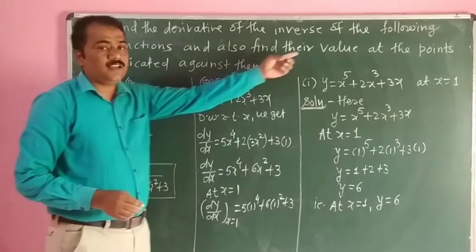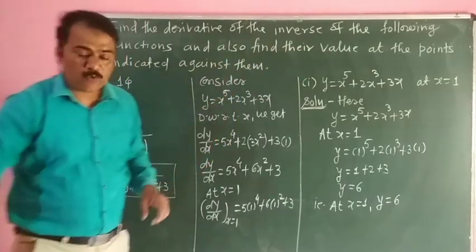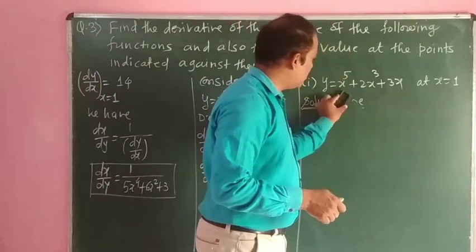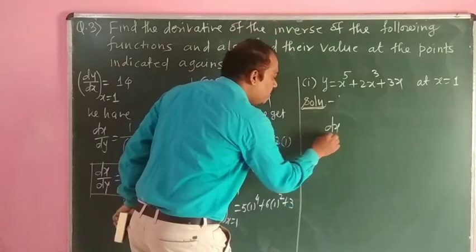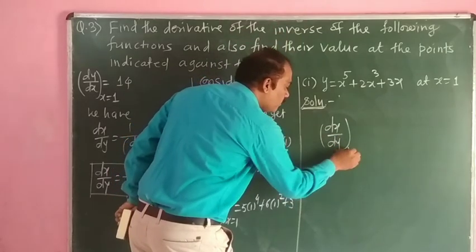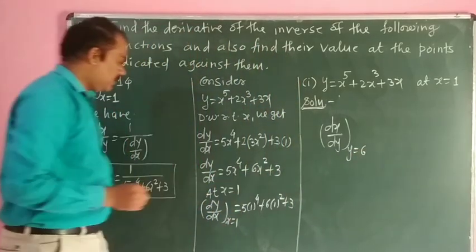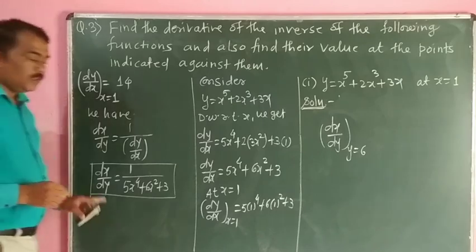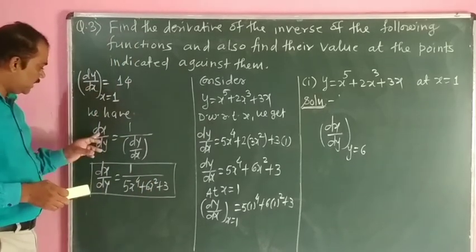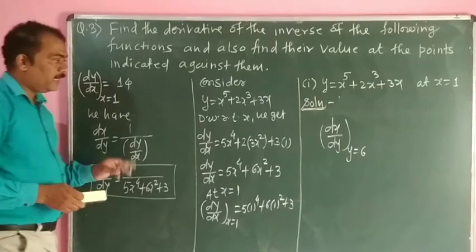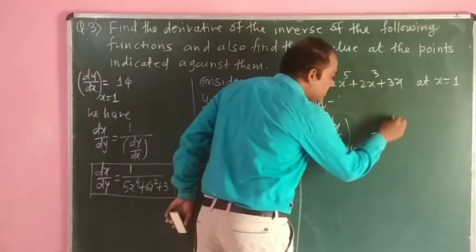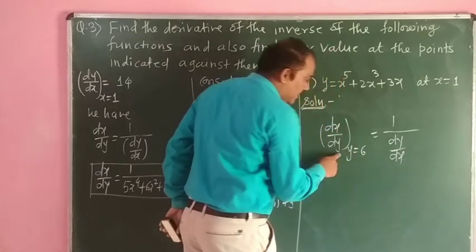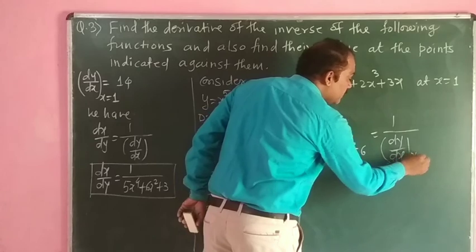But we also have to find it at the particular point, so we have to find dx by dy at y is equal to 6. By using the theorem dx by dy is equal to 1 upon dy by dx, we get dx by dy is equal to 1 upon dy by dx, where y is equal to 6 is nothing but x is equal to 1.